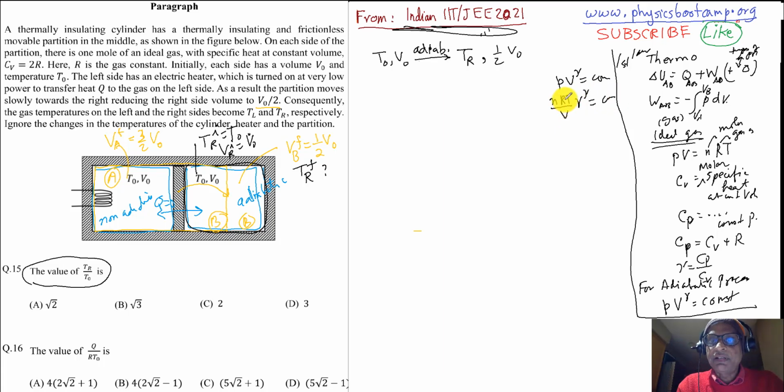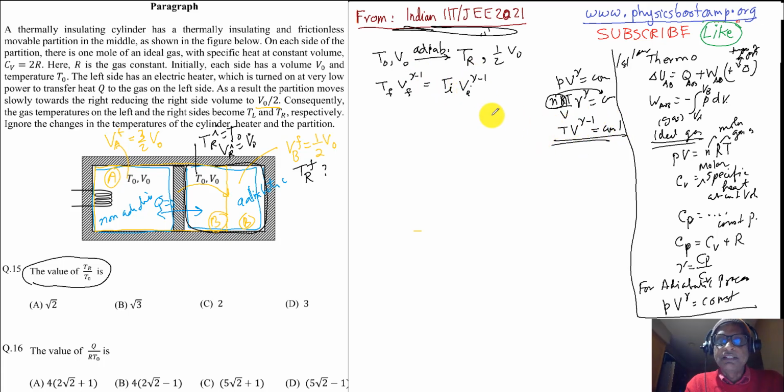This can be sent to the other side because it's constant. So TV to the power gamma minus 1 is constant. This is sufficient to solve this problem. This just means T final V final to the gamma minus 1 equals T initial V initial to the gamma minus 1.